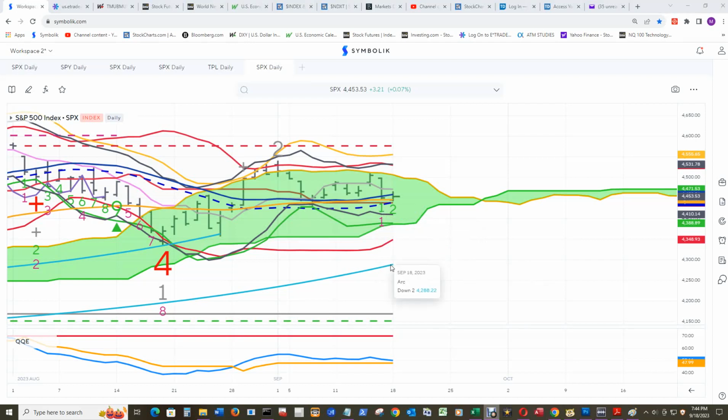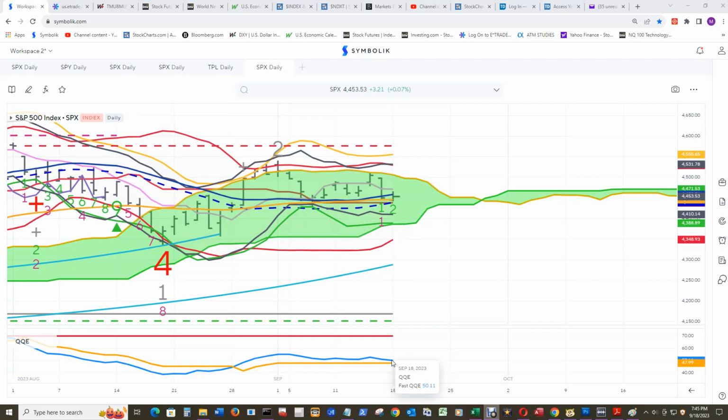And this arc down to 4.50%, it's really taking a steep climb here, so it's already at 4288.22. In a couple days it'll be above the 4300 zone, so that is really going to be difficult to get down into the 4200 zone unless it does it in a hurry.